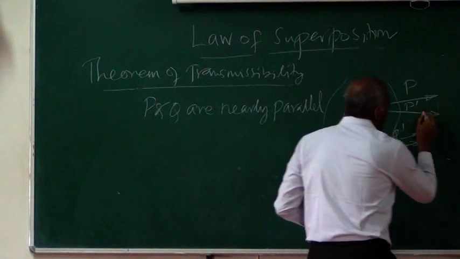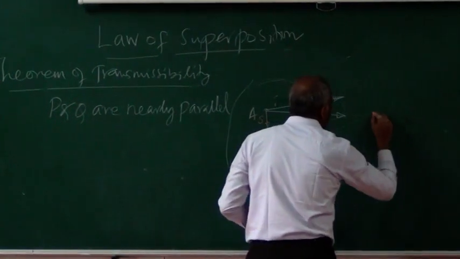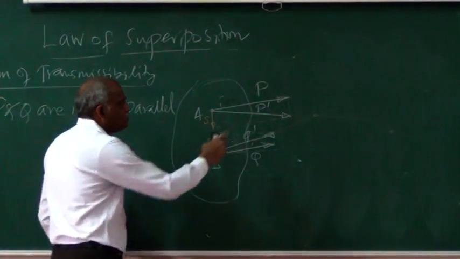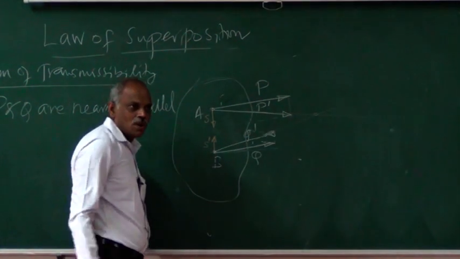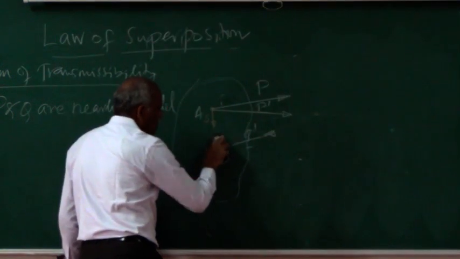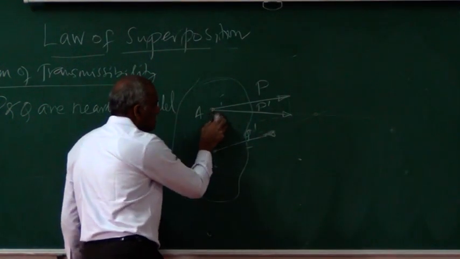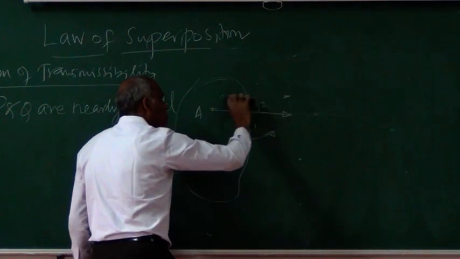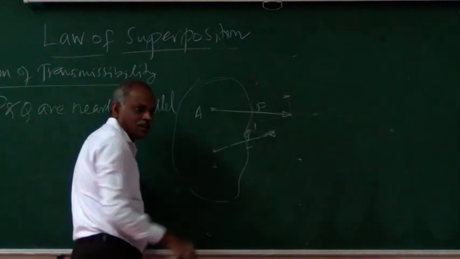So if you extend P dash and Q dash here, once I draw P dash and Q dash, technically I can remove these forces which are the components. Once a resultant is found, you can remove these. They are no longer existing.